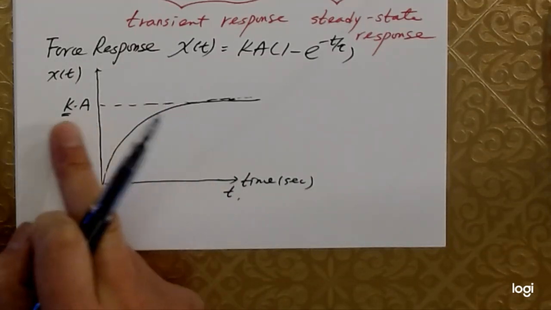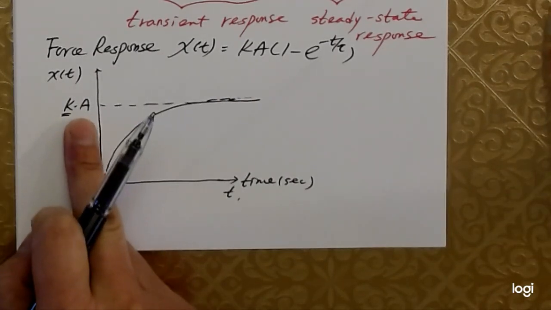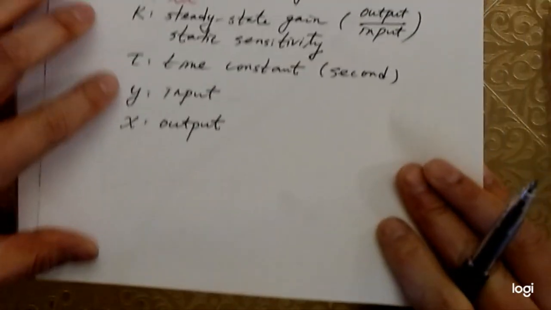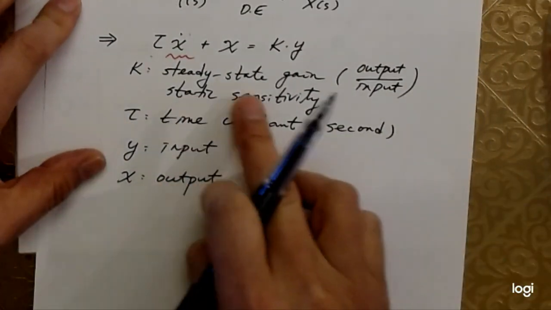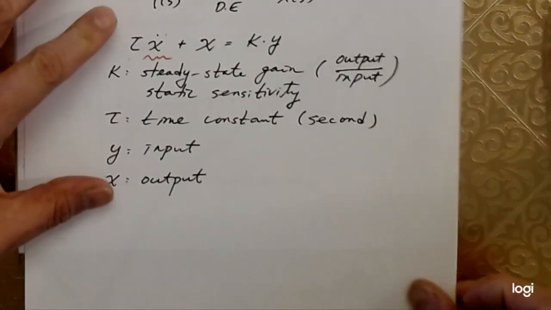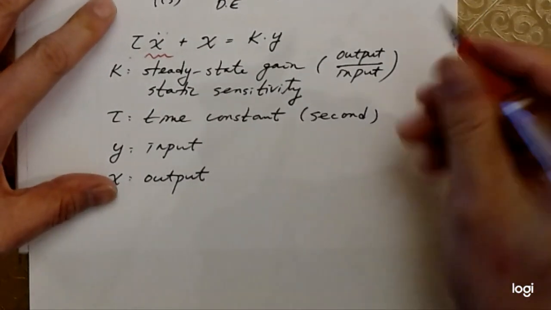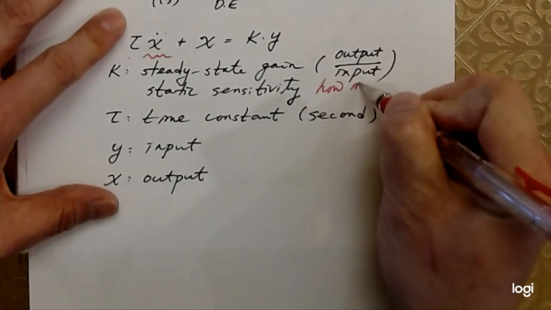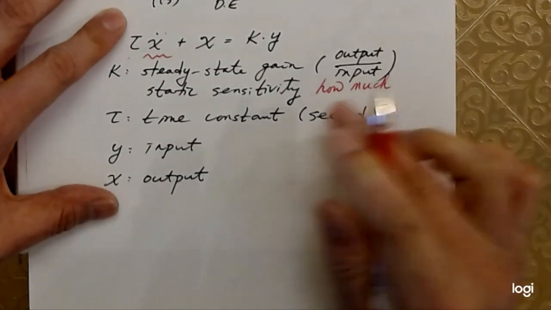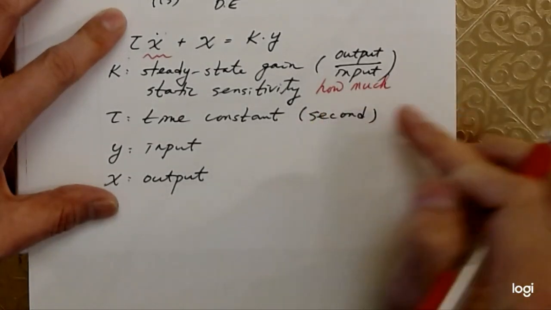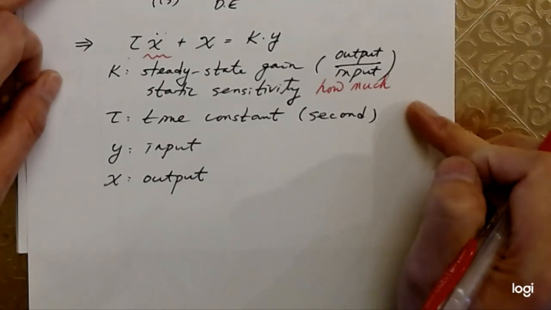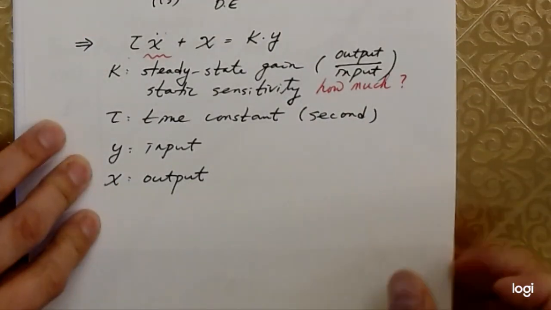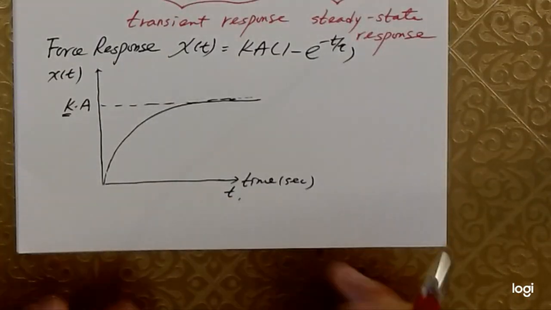That's why we say K is defined as the steady state gain, and in a sense it determines how much the system amplifies the input.